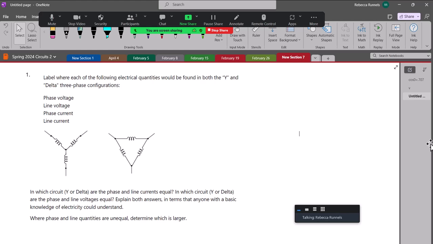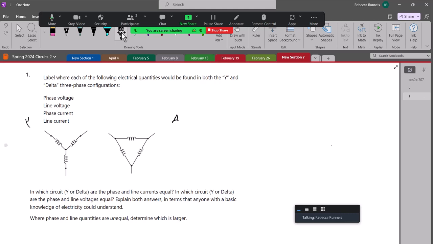Delta is also sometimes called pi because I could kind of make it look like a pie. Anyway, the Y is the one that looks like a Y, and the delta is the one that looks like the Greek letter delta. So this is the Y, and this is the delta.